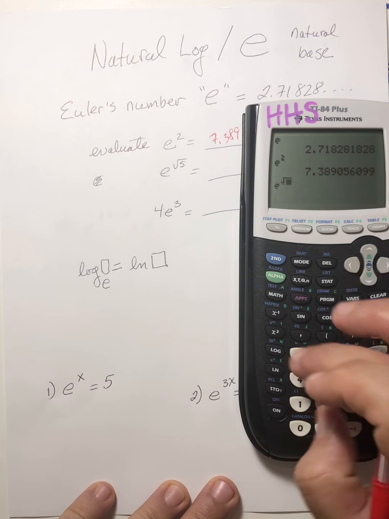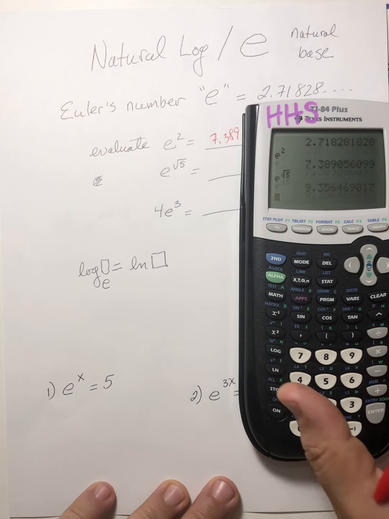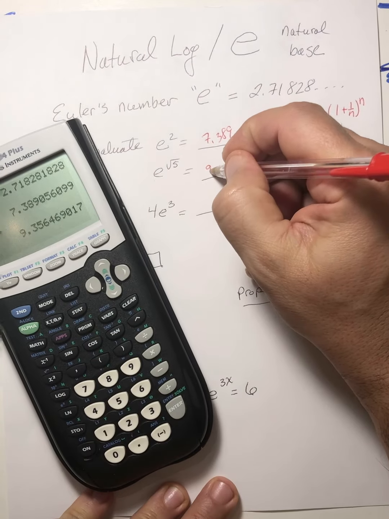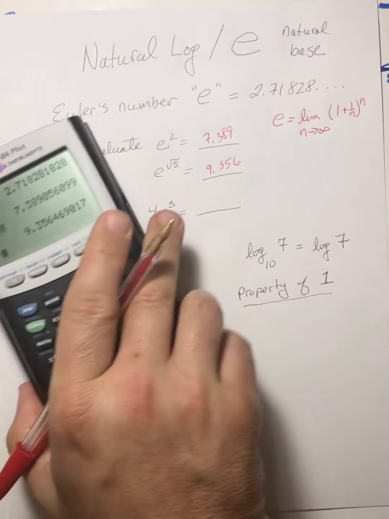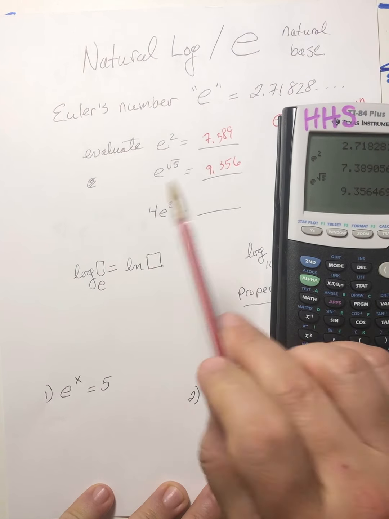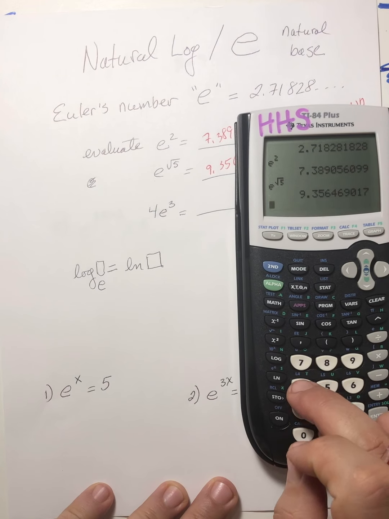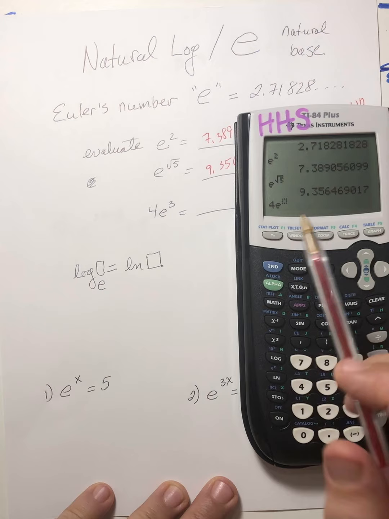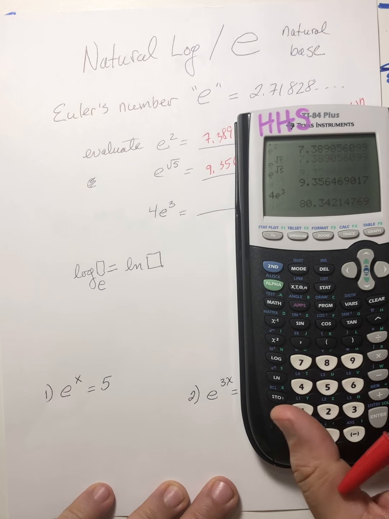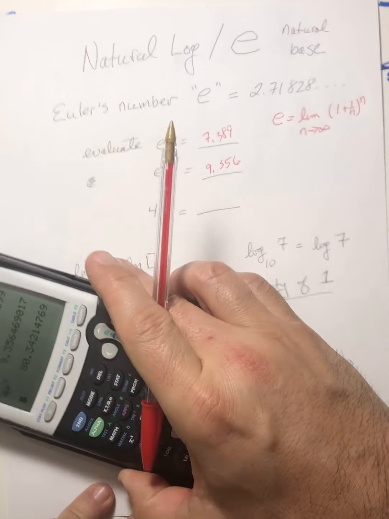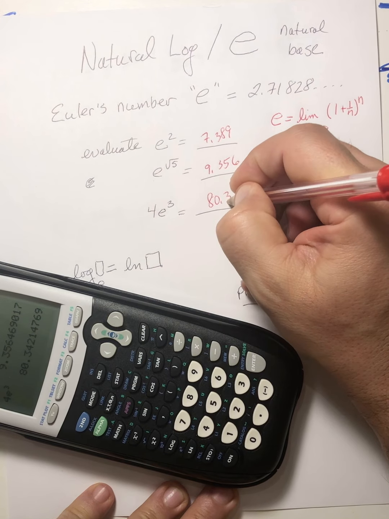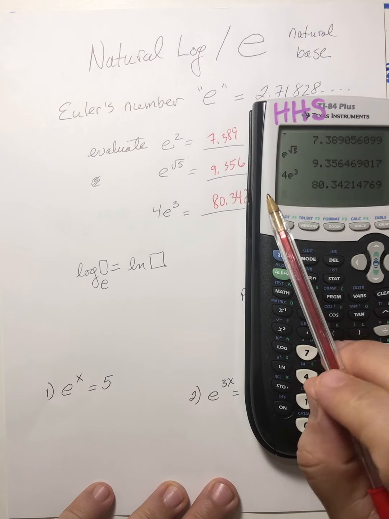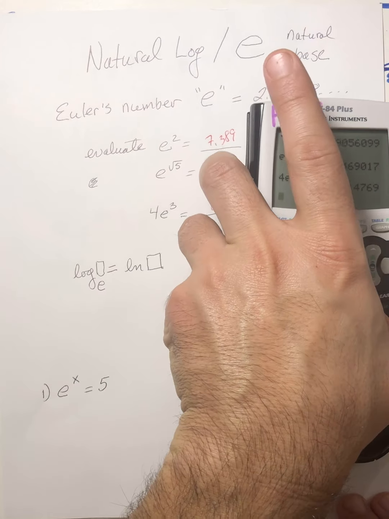Second square root of 5, hit enter, 9.356. There's 4e to the third, just a simple matter of e to the x, power 3, enter, 80.342. All it is, is keystrokes with the calculator, evaluating those.